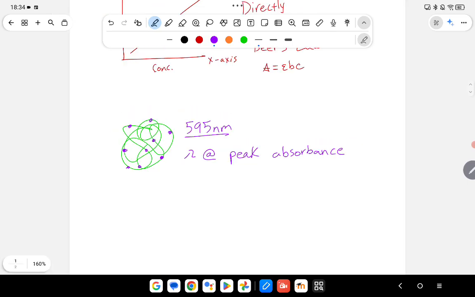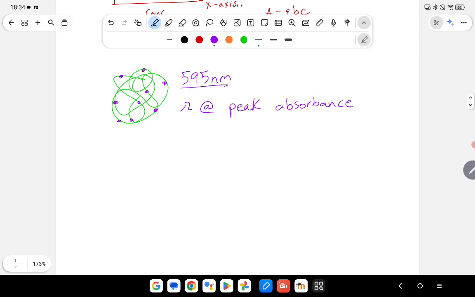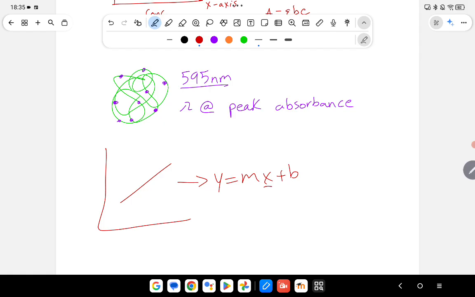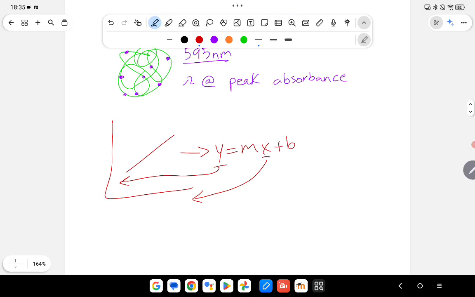And the last thing with this lab is the purpose of a standard curve. We do a standard curve, and then we get a slope formula, where the y and x are your values on each respective axis.